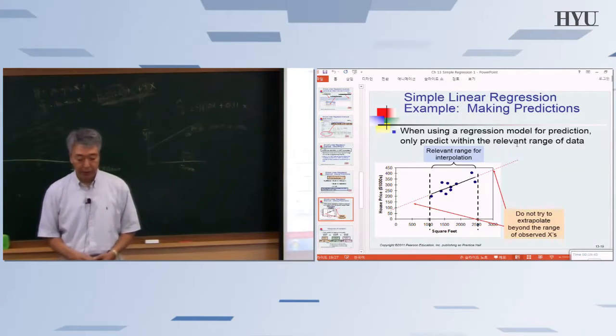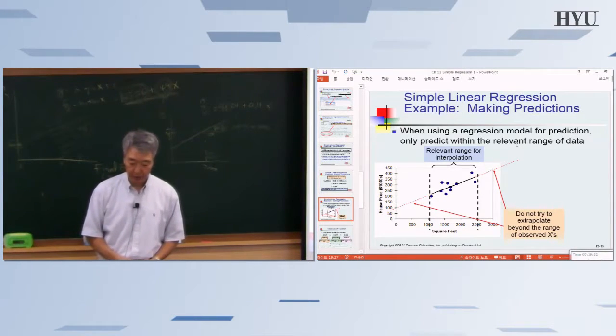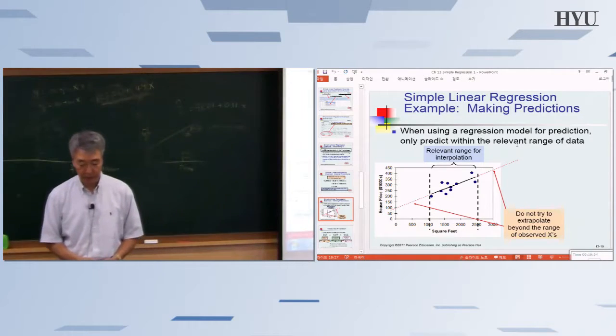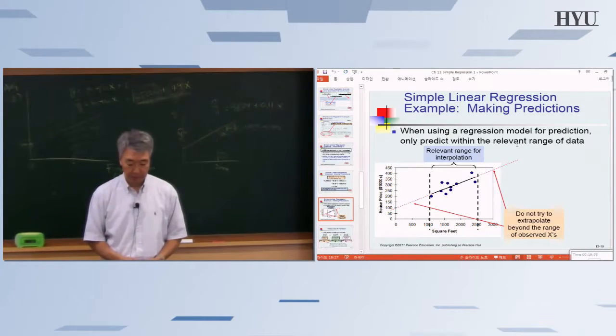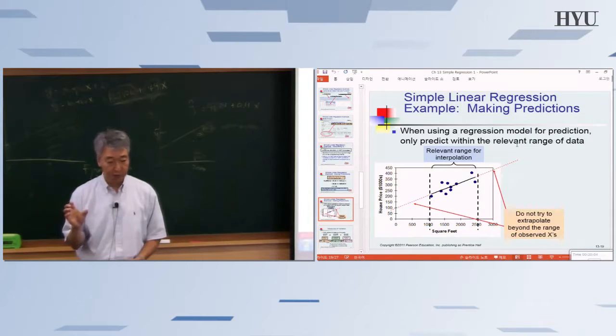All right. So here's one more reminder about this interpretation of the intercept. We're trying to interpret the meaning of the intercept because we have a certain range of data points.